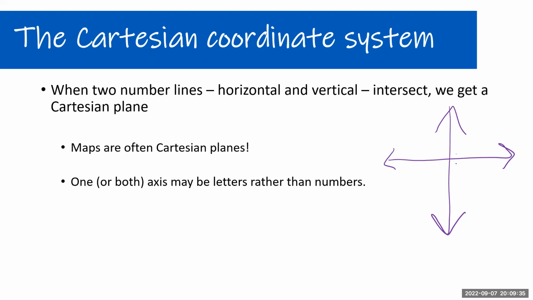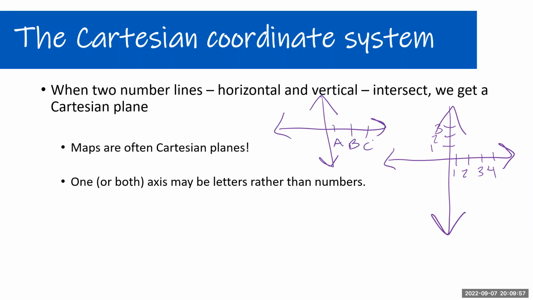So in math, we're used to seeing 1, 2, 3, 4, and 1, 2, 3, 4, etc., right? But you just as easily could have a system like this where maybe this is A, this is B, this is C, and so on, okay?